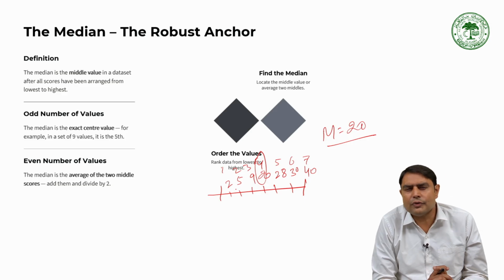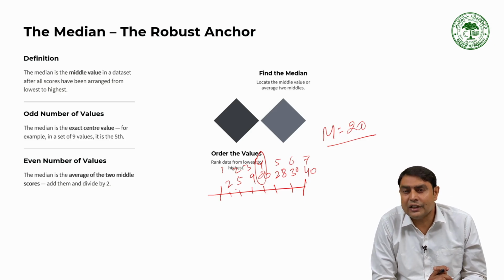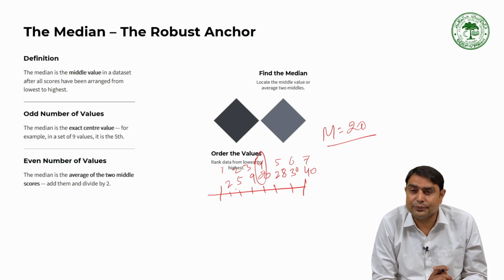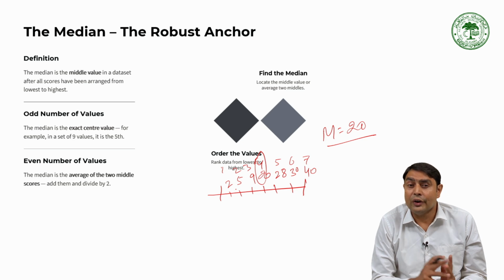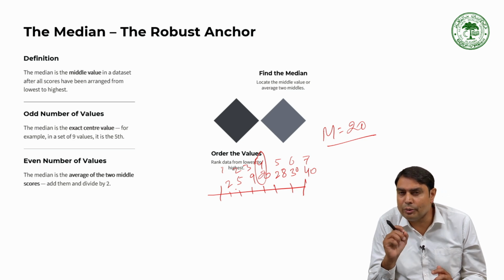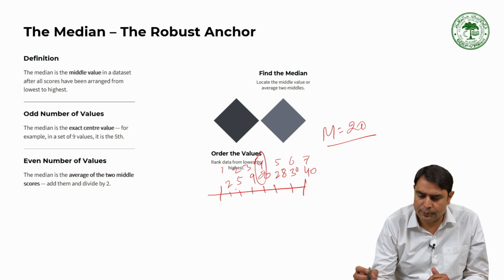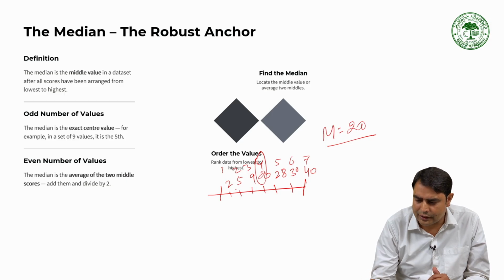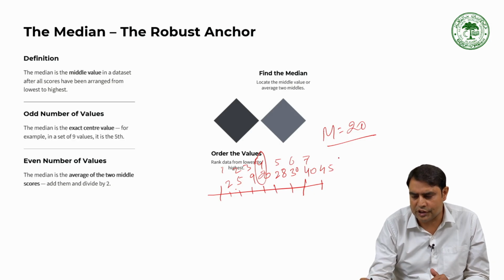If the number of observations is even, then there is no single middle number. So, we take the average of the two middle values. Suppose in this I add another number, like 45, which is my 8th number.